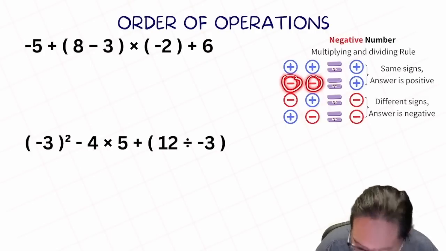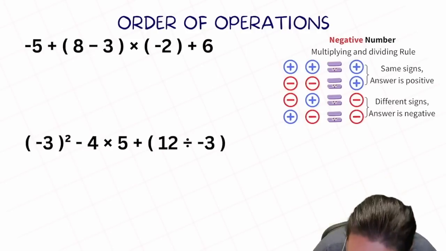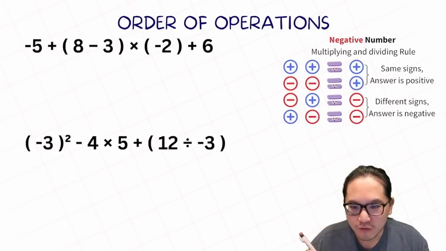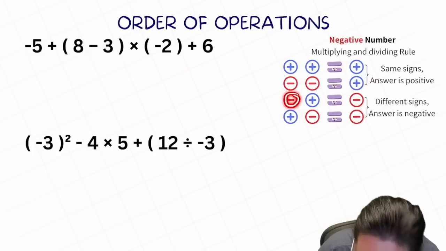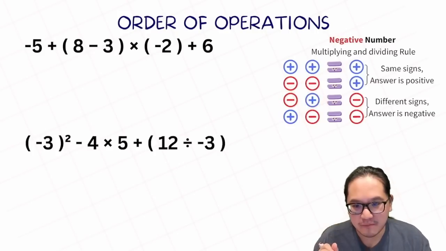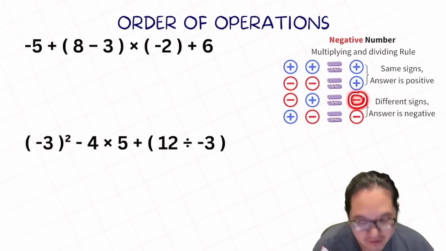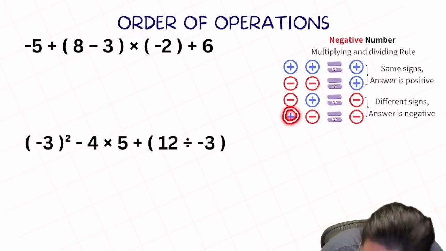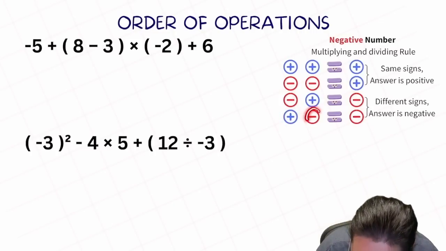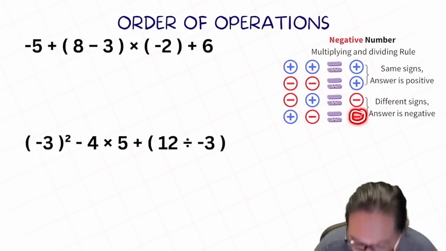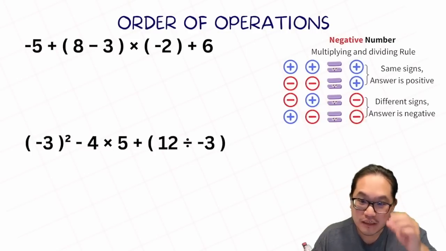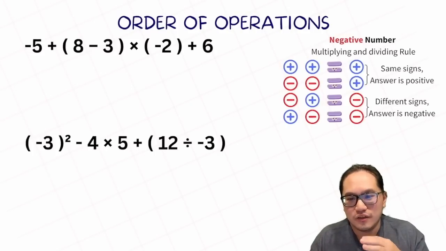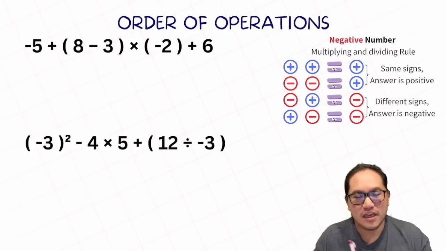Negative multiplied or divided by a negative is equal to a positive. The only difference is when a negative is multiplied or divided by a positive, you'll get a negative number. Also, a positive multiplied or divided by a negative, you will get a negative number. That will be the rule that you need to remember when it comes to negative numbers within multiplication and division.